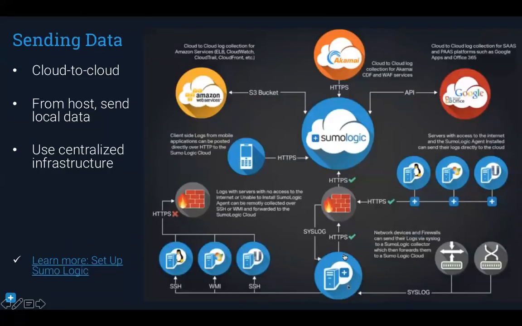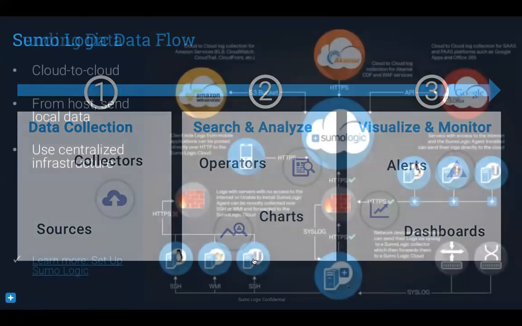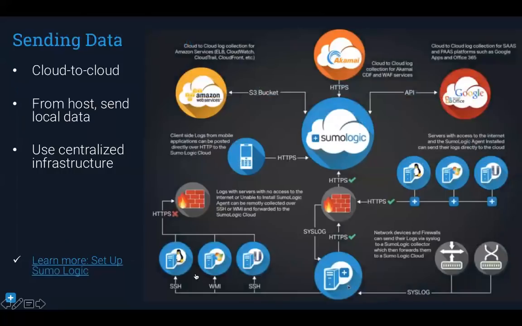So in this case, we have a central collector, and then we use SSH or WMI, send that data over the collector and onto Sumo. And we could do the same thing with network devices, firewalls, routers, and the like. We can syslog that data over and then onto Sumo Logic. So just keep in mind, we can grab just about any data, whether it's structured or unstructured data in your logs, and we can index it as we're getting that data.